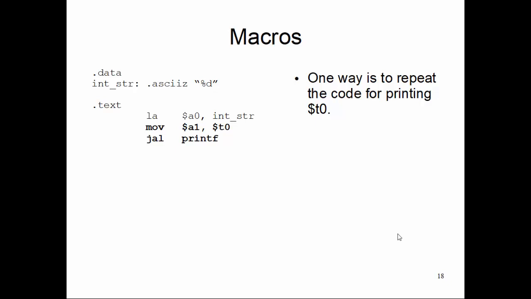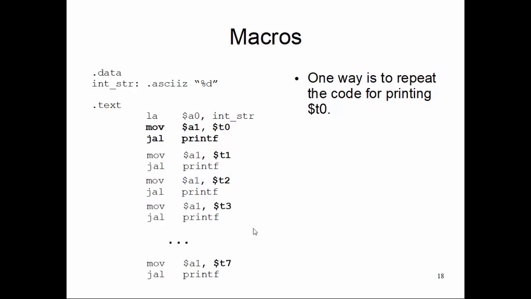One way is to definitely repeat the code for printing, right? This one like T0, and then move, this part we are repeating, move T2, T3, and so on and so forth till T7. So you can repeat the code for printing all of them.